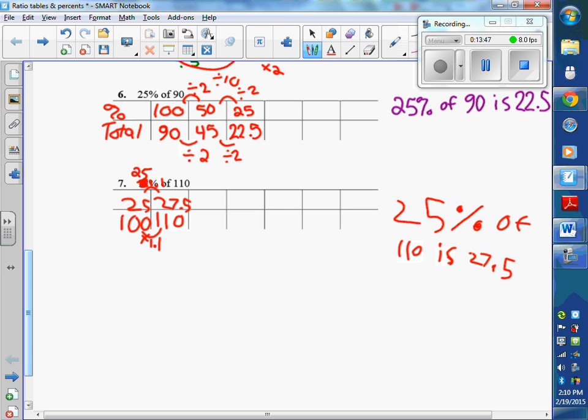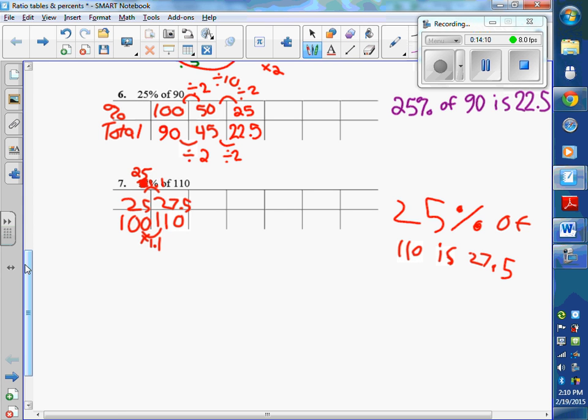Okay, such an interesting thing here. 25% of 110 is 27.5, but we wouldn't say it's 27.5%. And Ian, what you've done is right, but for most people, that's very hard to figure out what to do in your head.